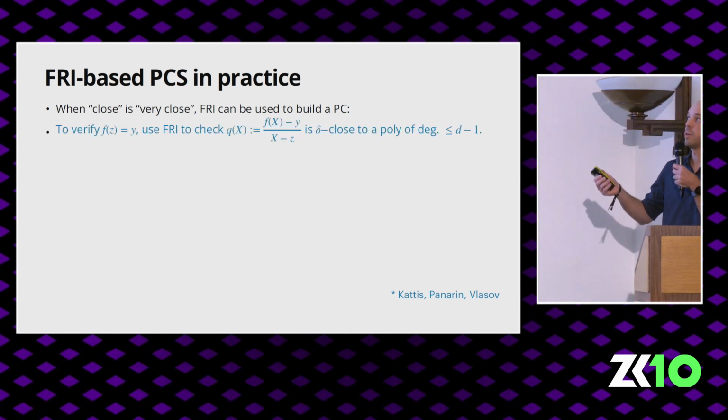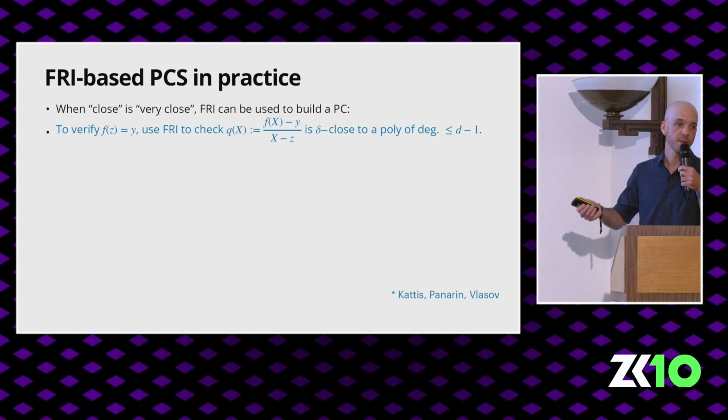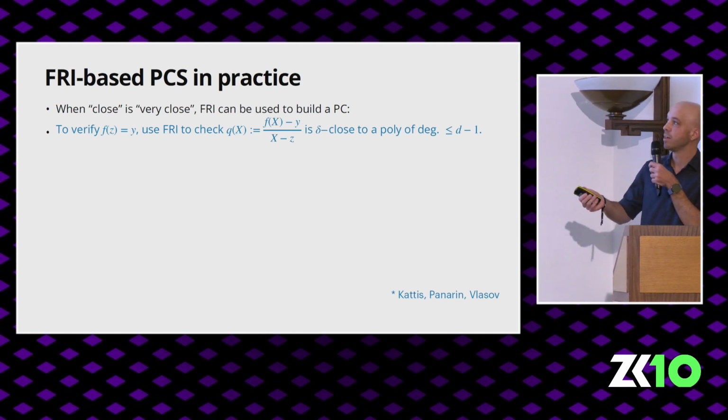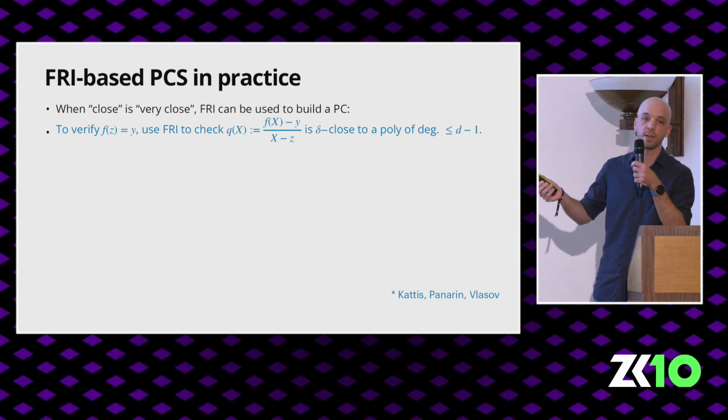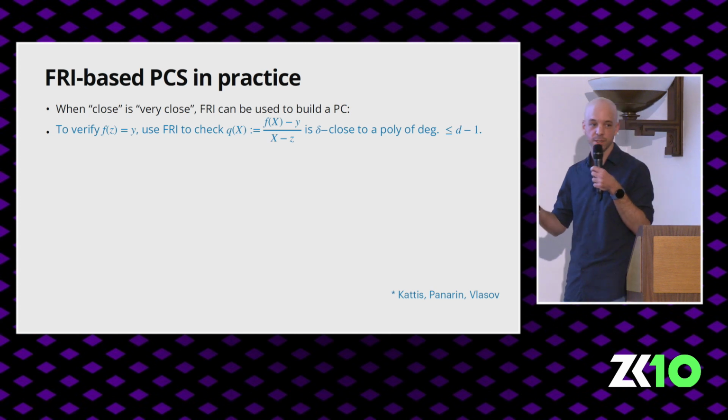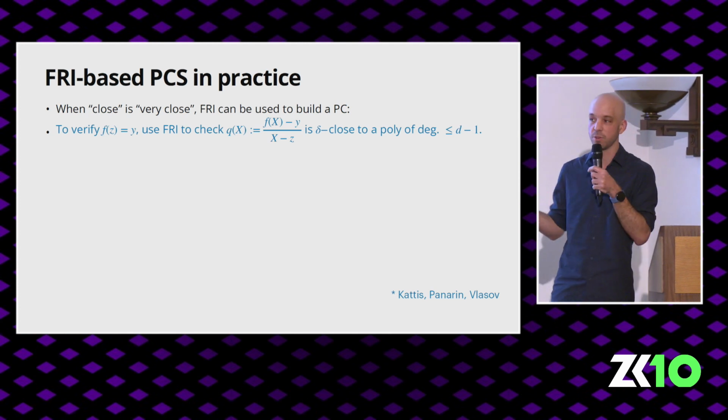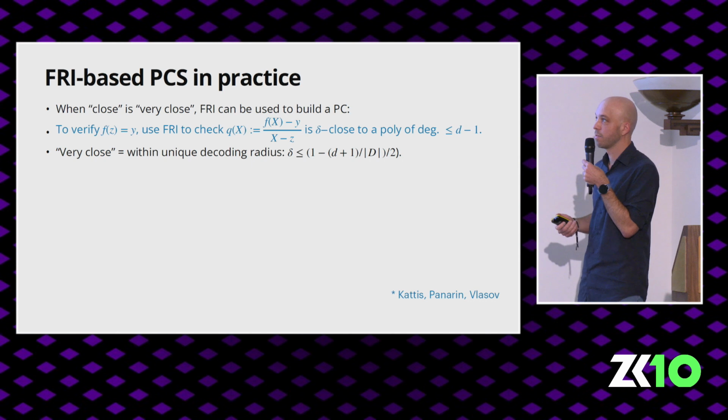And the way you do it is you use the typical KZG-like check. If you want to open a map that has been committed, you use FRI to check that this quotient is a low-degree polynomial. This is kind of a standard thing in KZG, and you also do this in FRI.